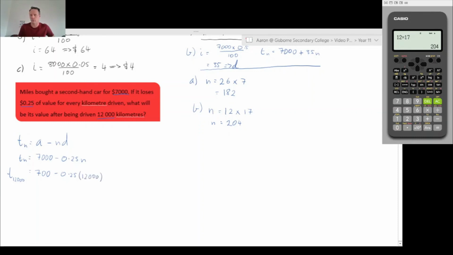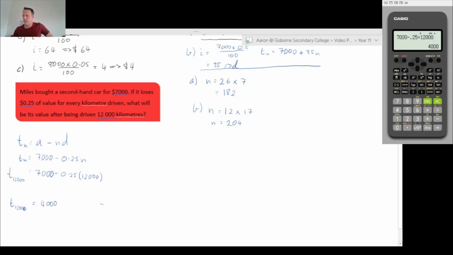Now let's make sure we've got all of our zeros in our calculator properly. 7,000 take 0.25 times 12,000. And T12,000, because n is any value, T12,000 is equal to 4,000.